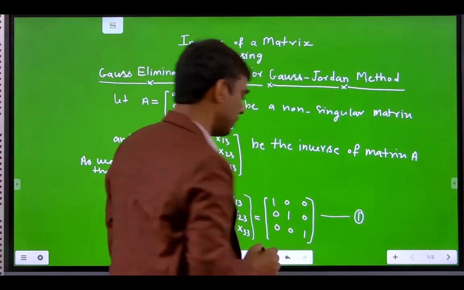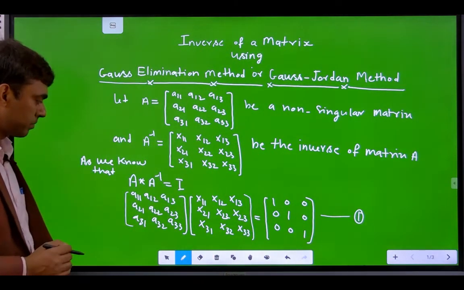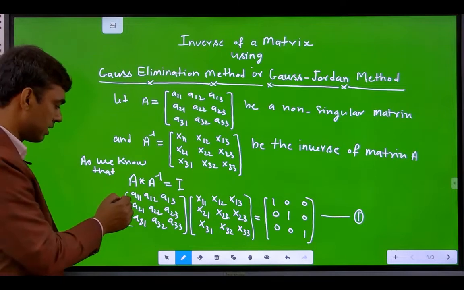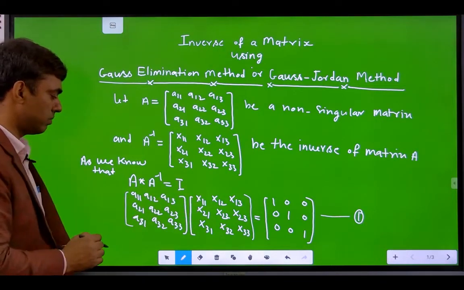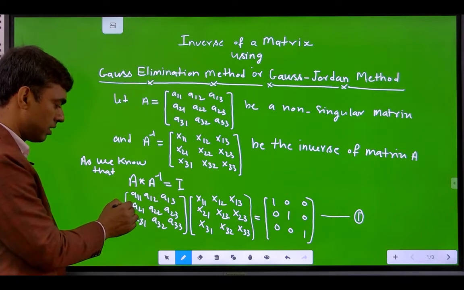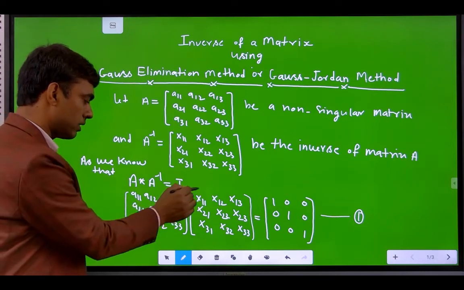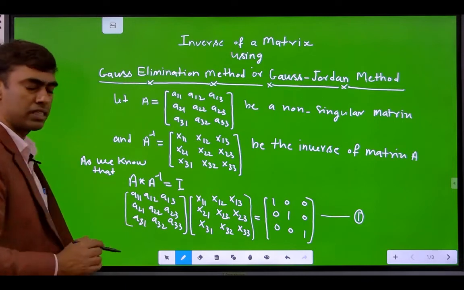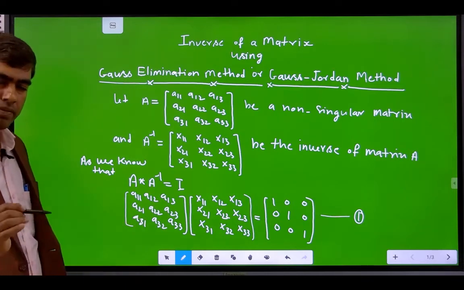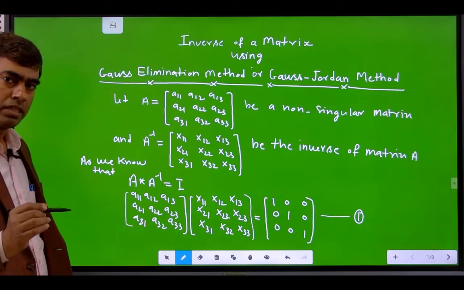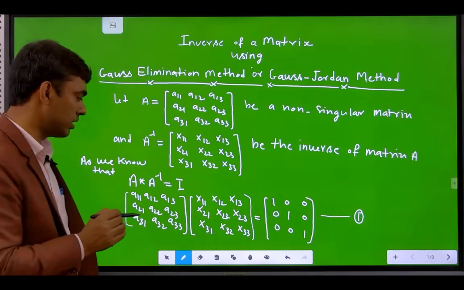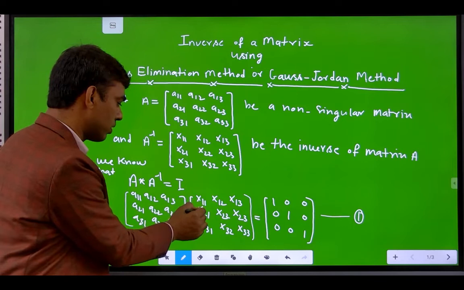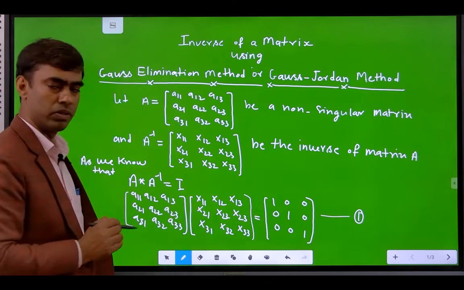If we closely observe this expression, suppose this is equation number 1. If we multiply the first row by the first column, the second row by the first column, and the third row by the first column, then we find a system of linear equations whose unknowns are x11, x21, x31.